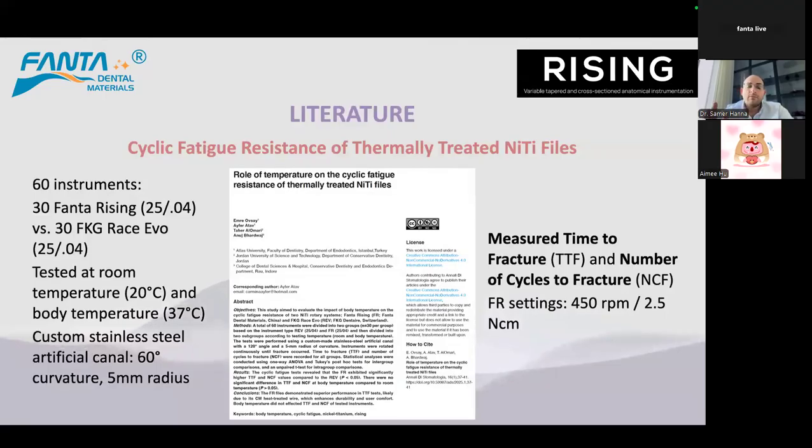And we used custom stainless steel artificial canals with a 60-degree angle of curvature and 5 millimeter radius to see the time to fracture. So we measured the time to fracture, the amount of time needed for a file to fracture, and then the number of cycles to fracture, which is the number of cycles that the file had to go through in order to separate.